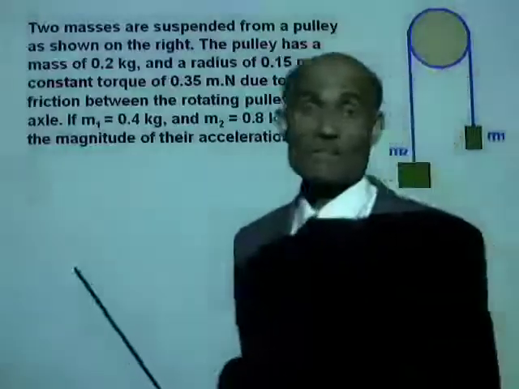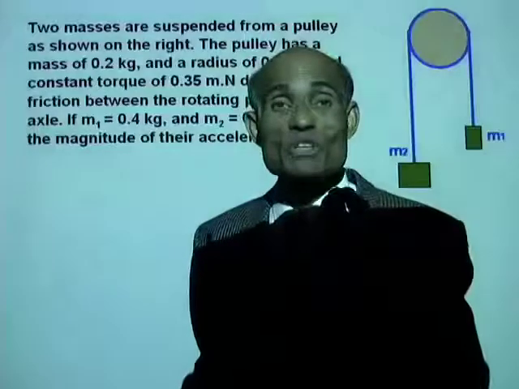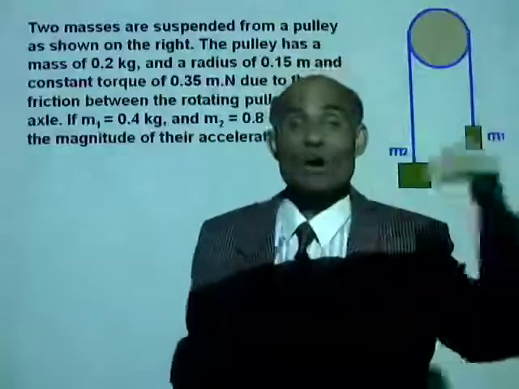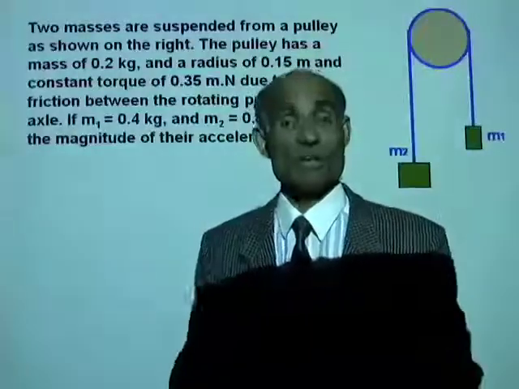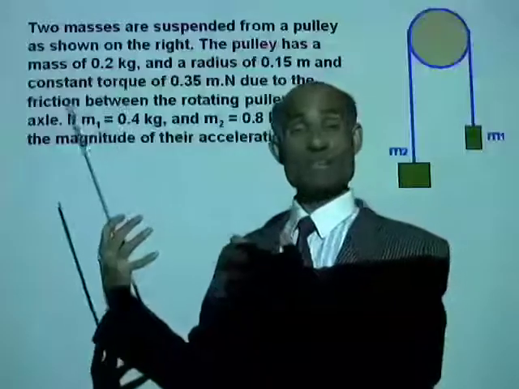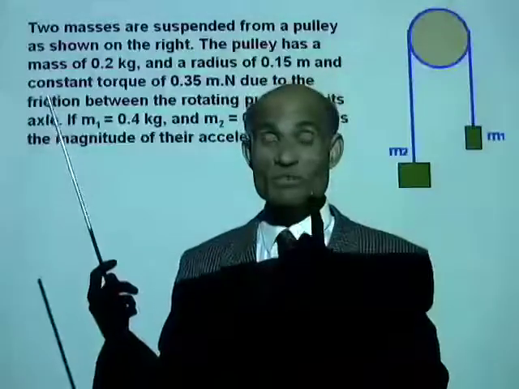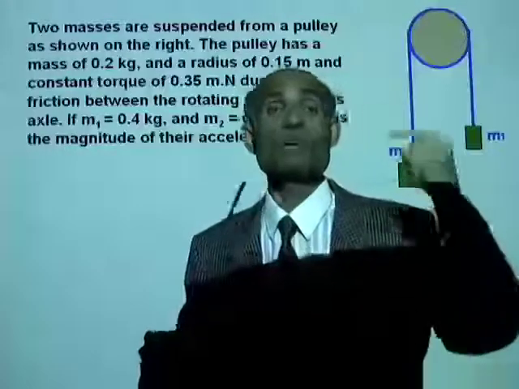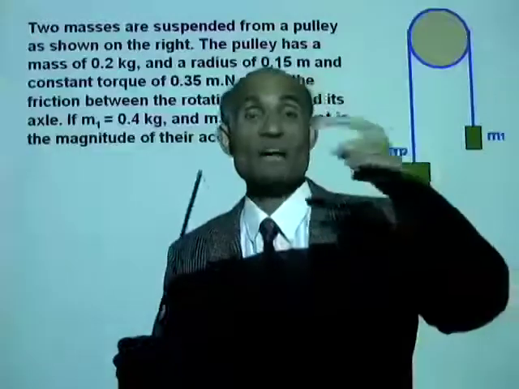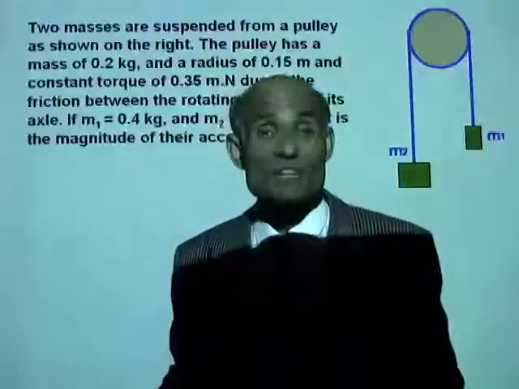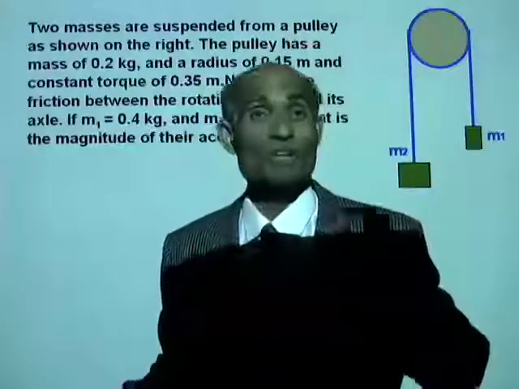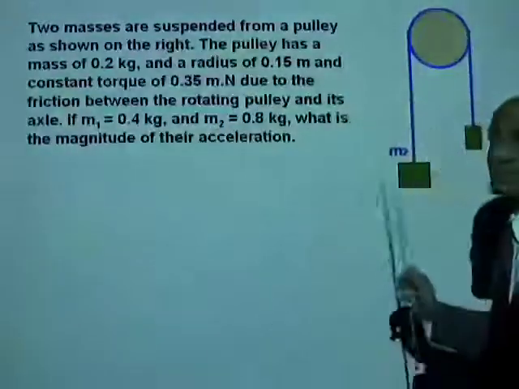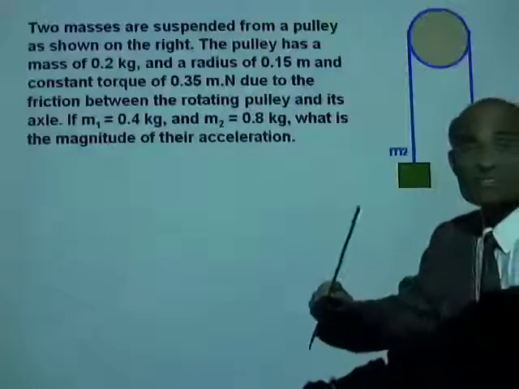If you remember, we talked about the motion of connected masses earlier on, about 2 or 3 lessons ago. Now, we will use the same concept here. The only difference is that now the friction between the pulley and the axis of rotation is taken into consideration. Earlier, we did not consider that. So, what we're going to do is isolate each object.